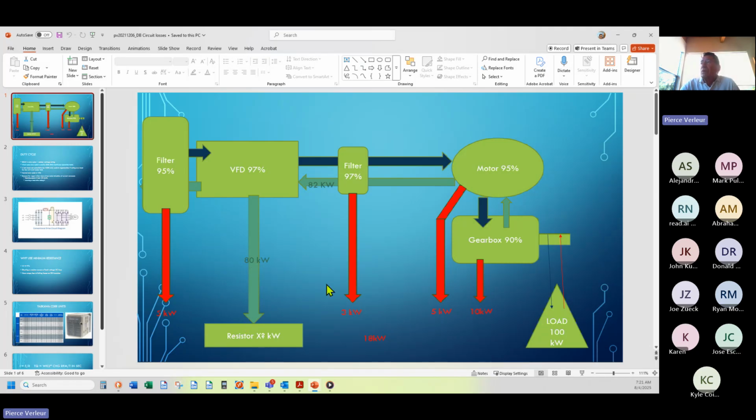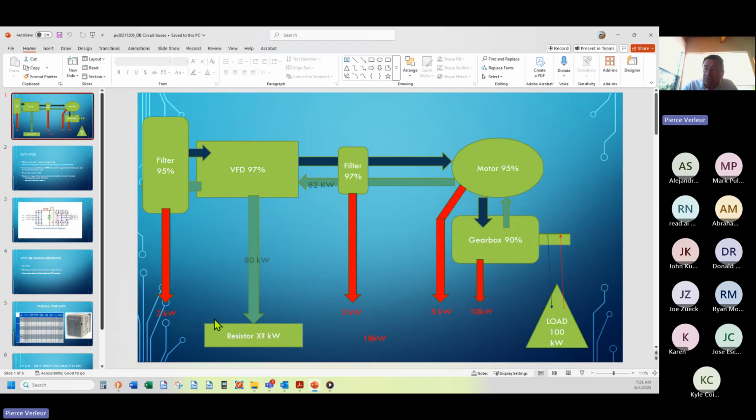Now, with regards to sizing, typically we look at how often we're going to regenerate on that typical application. A lot of applications are just to absorb the energy of the deceleration of the motor after the cycle is done, like on a conveyor or a centrifuge. And in that case, we can get away with about 10% of this energy coming back.